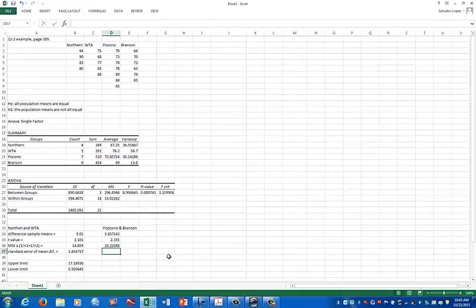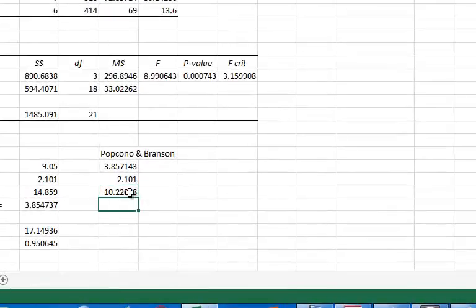Oh, I forgot the asterisk for times. All right, so that is the MSE times that, and the square root of that is the standard deviation.